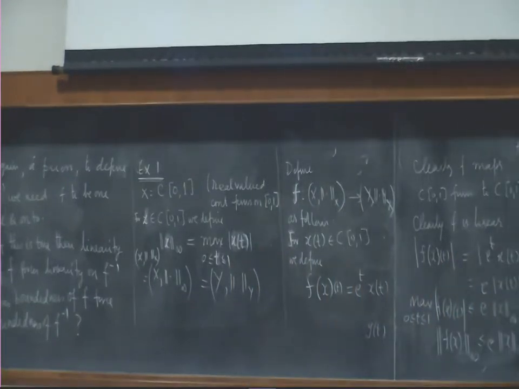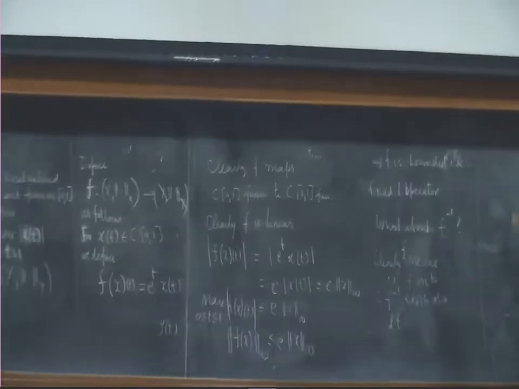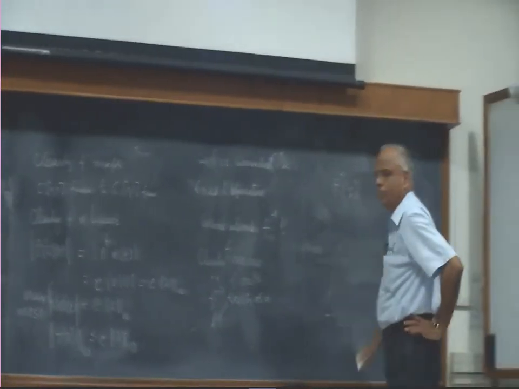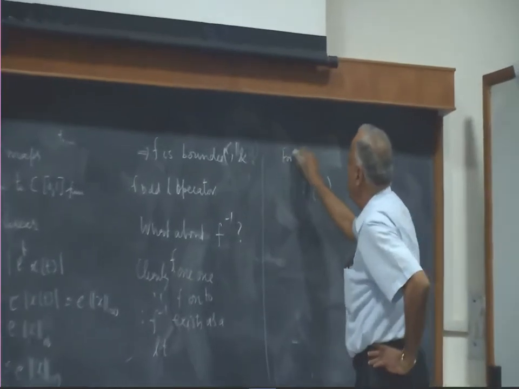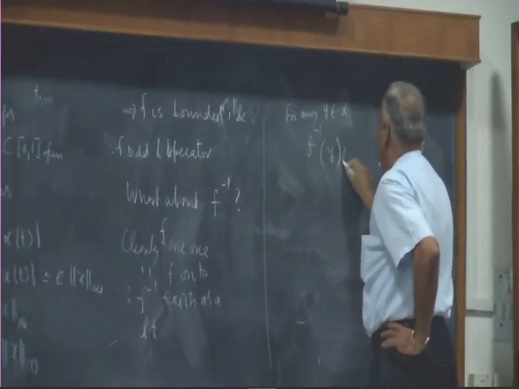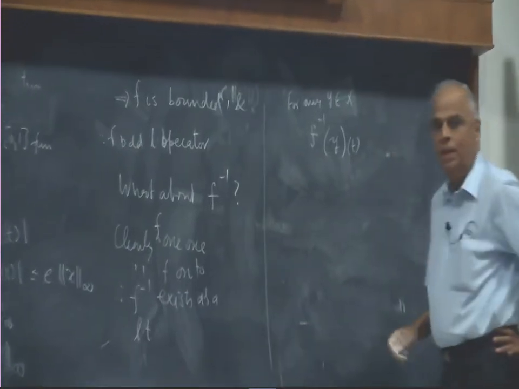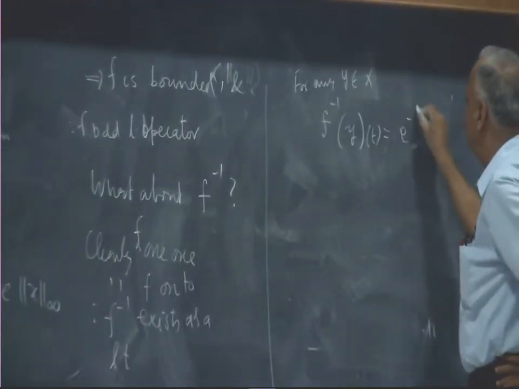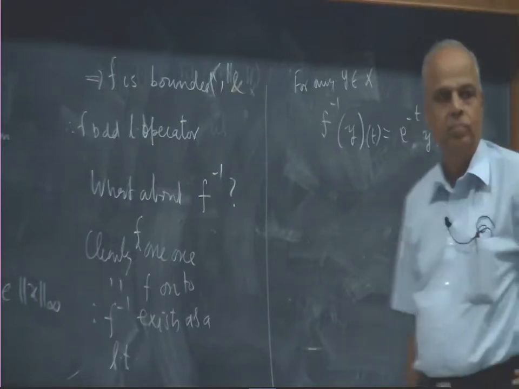Let us look at this. Now, what is f inverse of y for any y belonging to X? It's a function. Its value at any point t is e to the minus t yt.